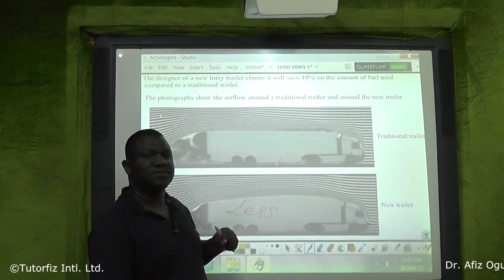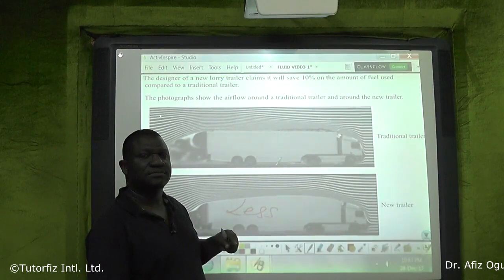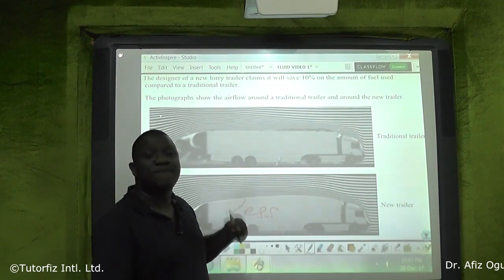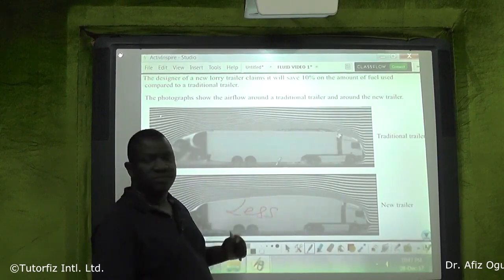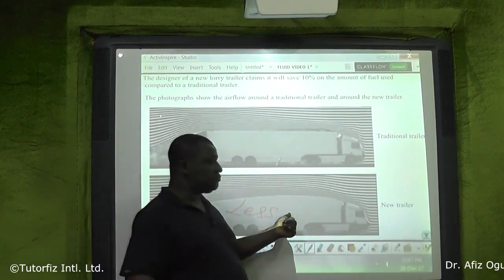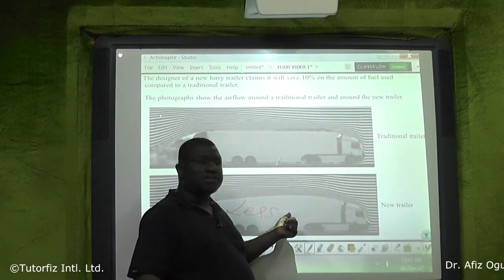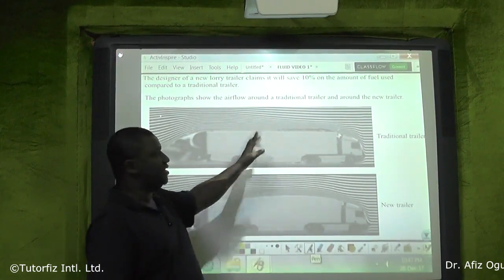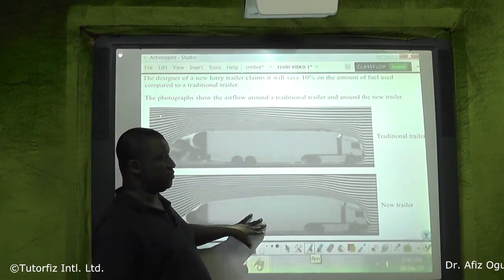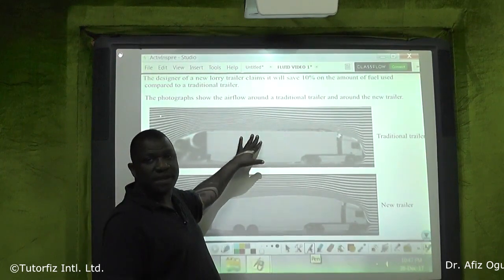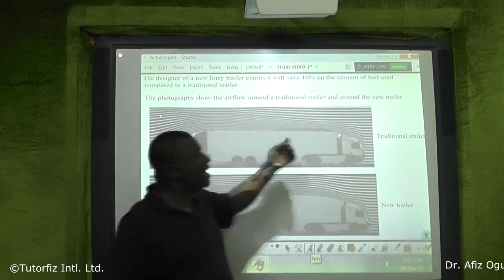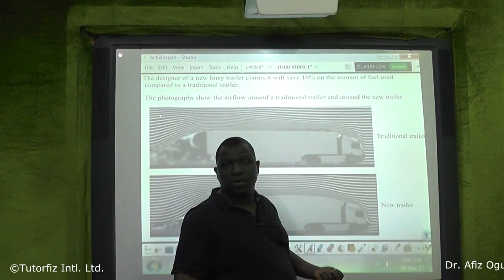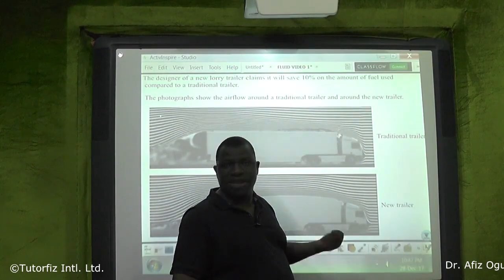It uses energy to overcome the drag force associated with the turbulence. We first said it is what? This is more streamlined than this. This is less streamlined than this one. Because it is less streamlined, it has sharp angles and more turbulence flow around it, more eddies form around it.